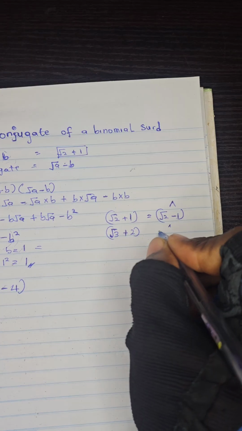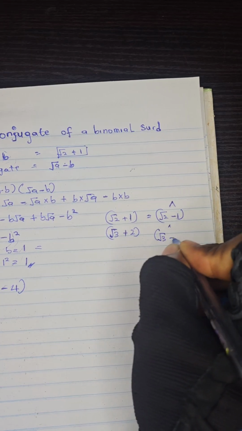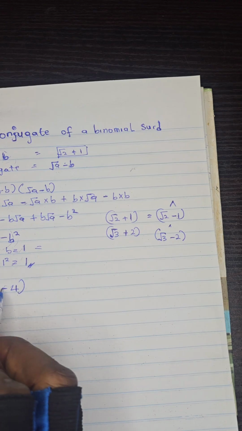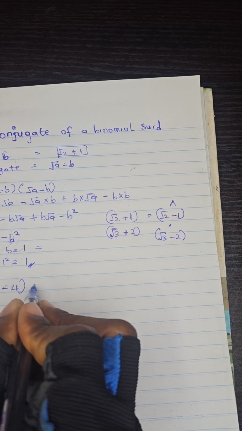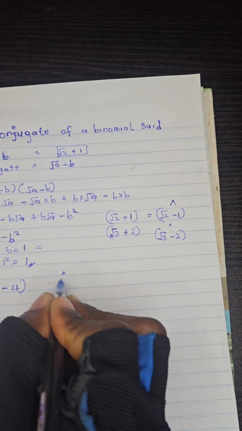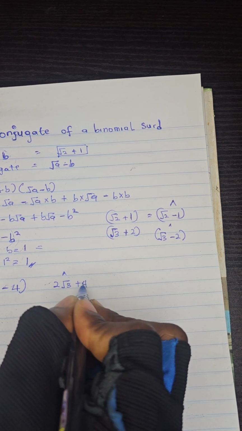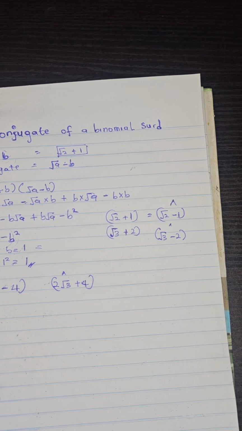So the conjugate will just be root 3 minus 2. So in this case, the conjugate will now be 2 root 3 plus 4. Take note, you're only dealing with the conjugate, you're not touching any other thing.